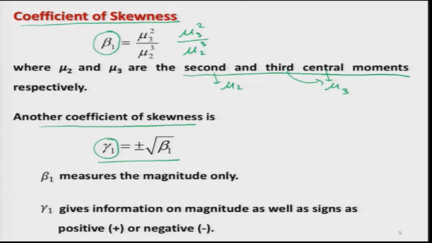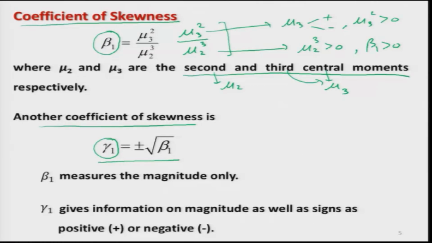You can see here that in the case of beta 1, mu3 can be positive or mu3 can be negative, but mu3 square will always be positive, and similarly mu2 will always be positive. So, mu2 cube will always be positive. So, this beta 1 will always be positive.